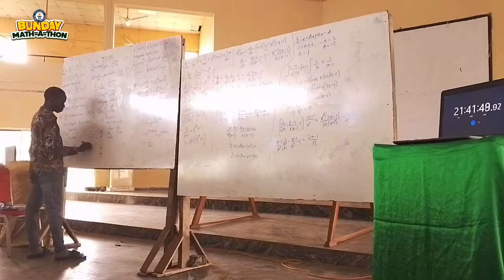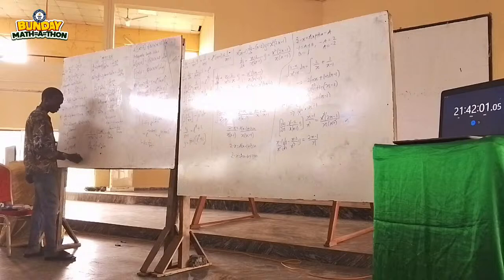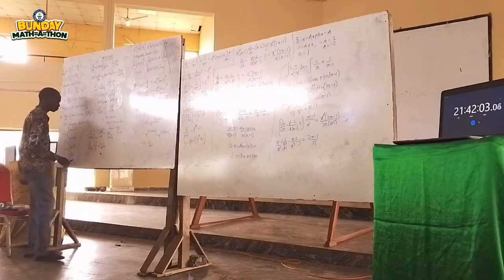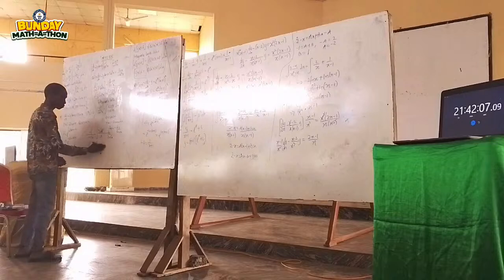You have y over cos squared x equals the integral of minus u raised to minus 2 du. It's du, thank you.